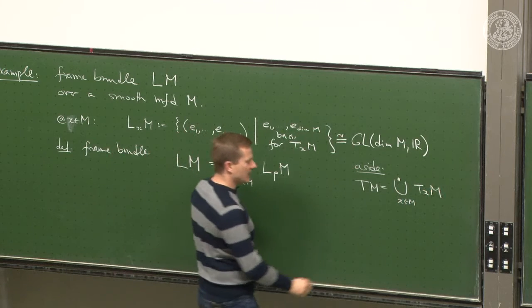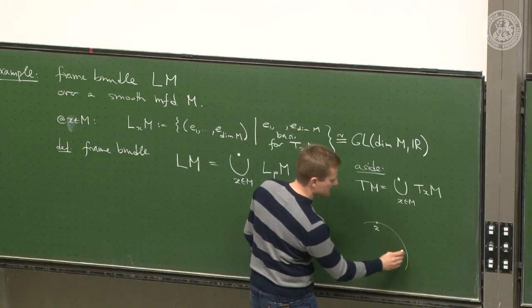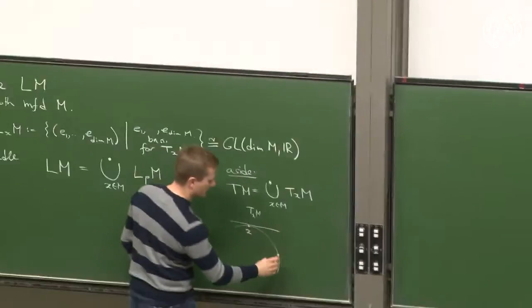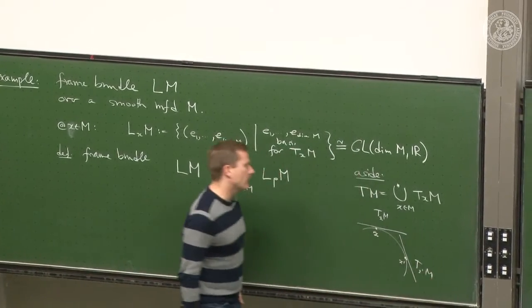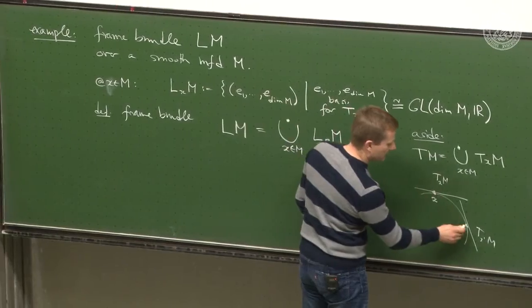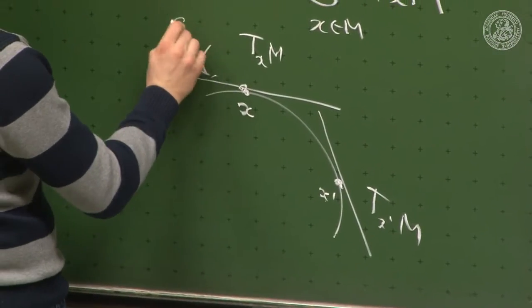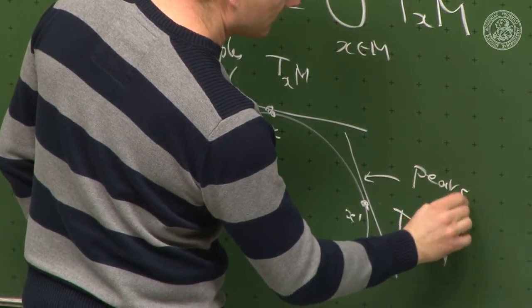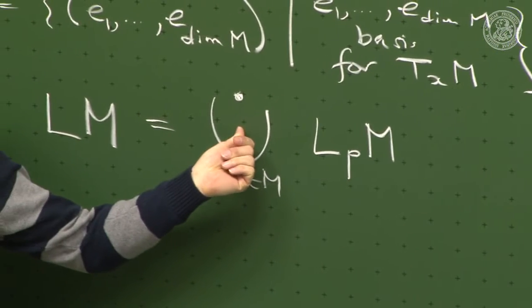And so that means you think, for instance, about part of the sphere. So you have the point x here, and you have the point x prime here, and there's the tangent space T_xM, and here is the tangent space T_x'M. Now, these are entirely different spaces, right? And so you can think of the guys in here being apples, and the guys in here being pears. So now I put all the apples and pears into one bag. That is what the union is.